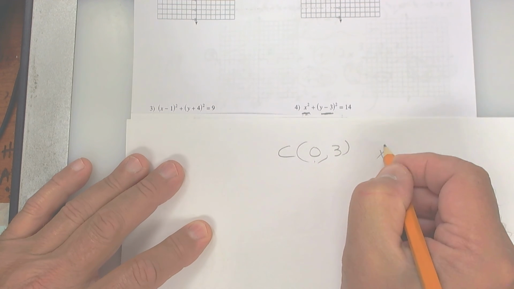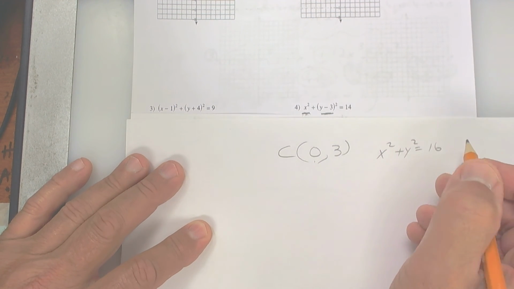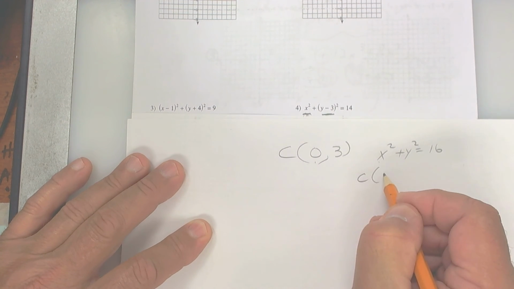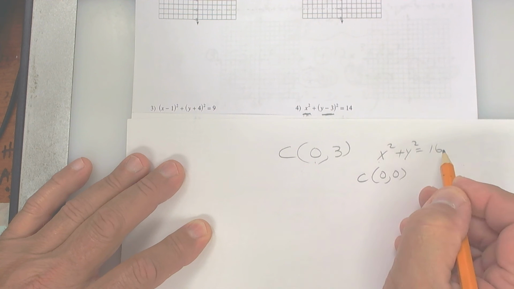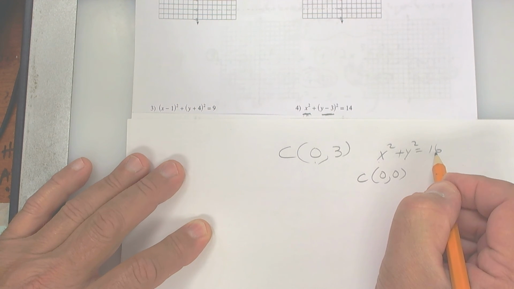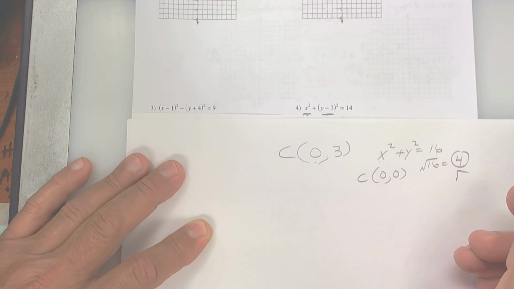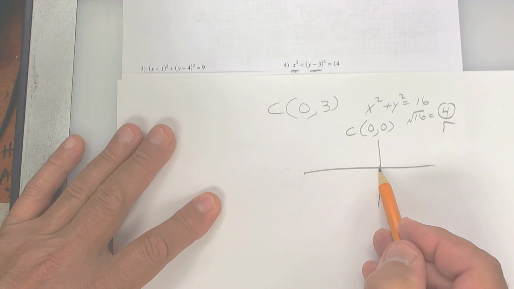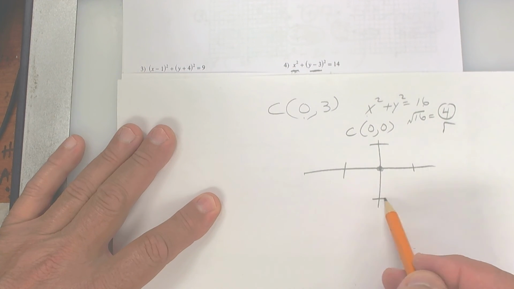So like if you see x squared plus y squared equals 16, then the center would be 0, 0. Okay, because they're not expanded. And then the radius would be the square root of 16, which equals 4. Okay, so you would go 0, 0, and then you go to the right 4, up 4, left 4, and down 4. Draw your circle.